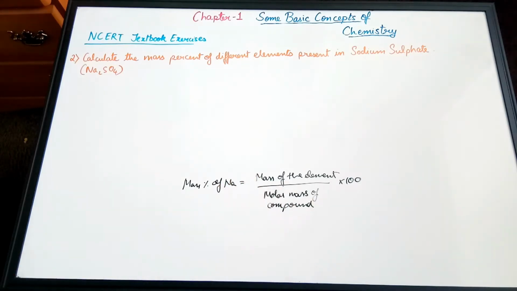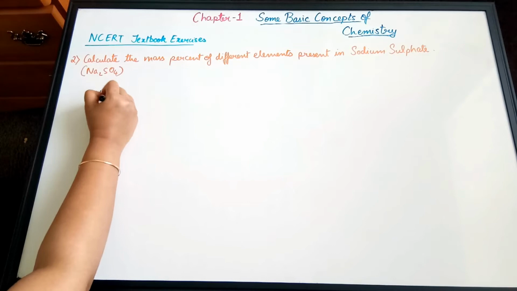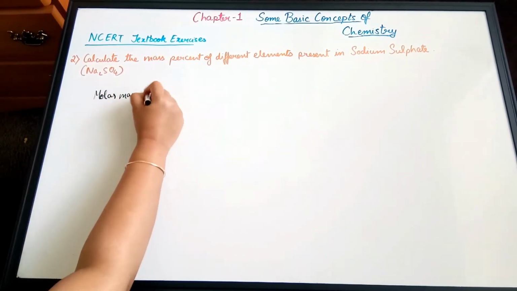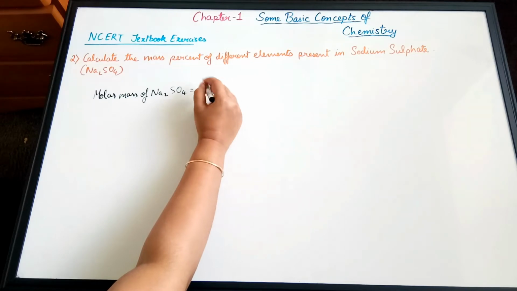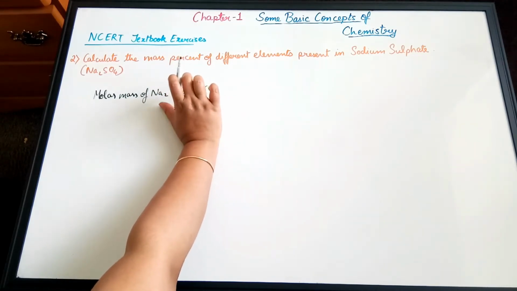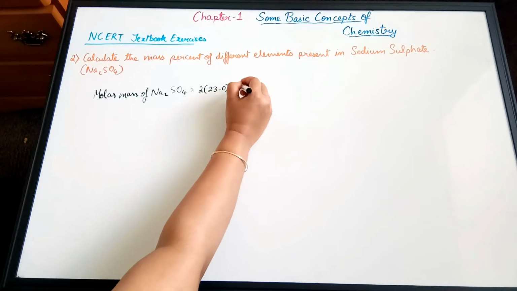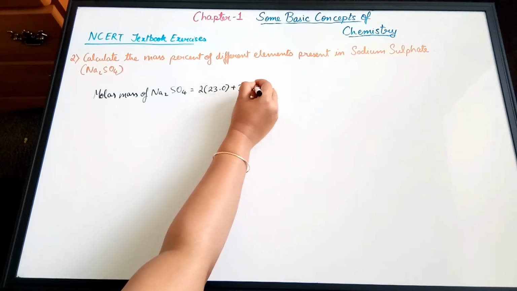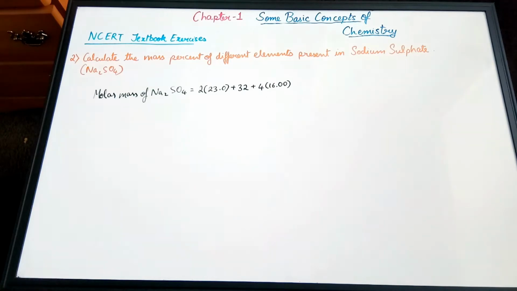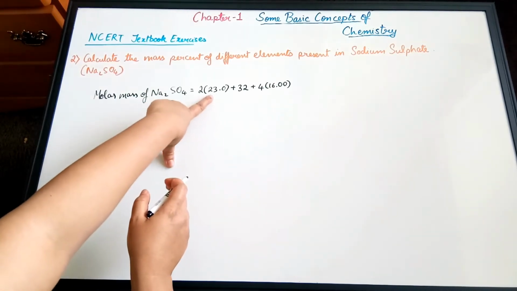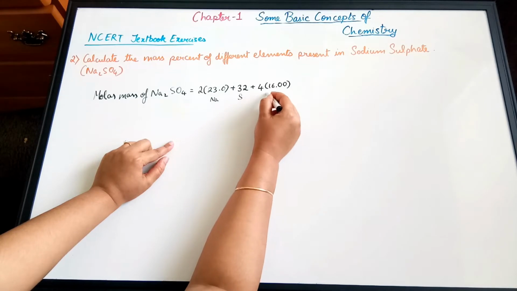First let's calculate the molar mass or the molecular mass basically. So molar mass of Na2SO4 will be equal to 2 into the atomic mass of sodium, that's 23.0, plus the atomic mass of sulfur, which is 32, plus 4 into the atomic mass of oxygen, because this compound has 2 atoms of sodium, 1 atom of sulfur and 4 atoms of oxygen.